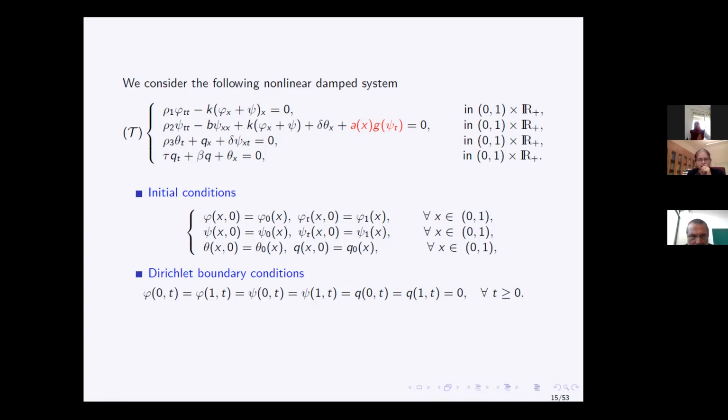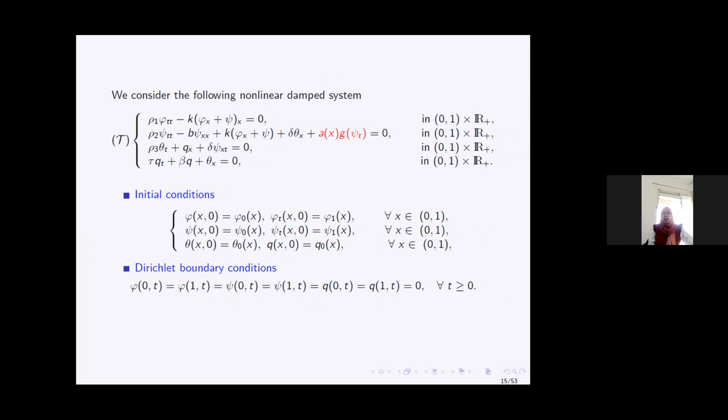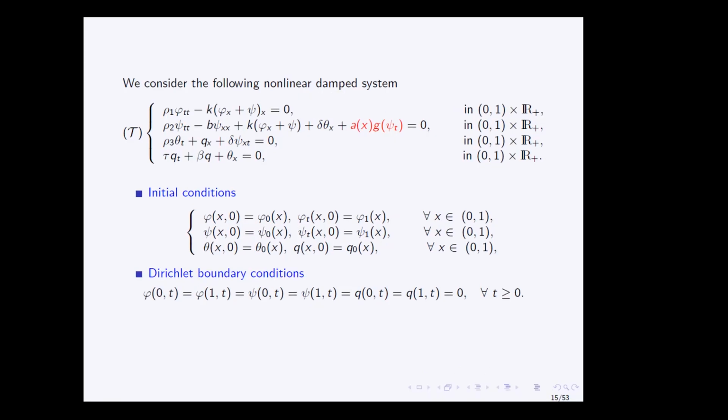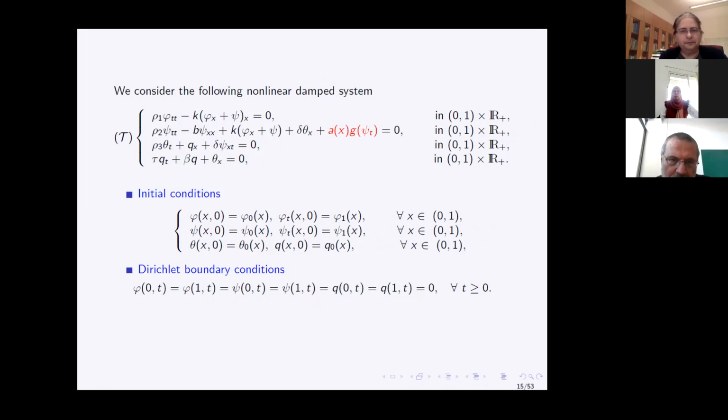Okay, I understand. So we have a mechanical energy, and we have the temperature, and we have the heat flow. So the energy will dissipate, and I don't know. Okay, I don't insist.